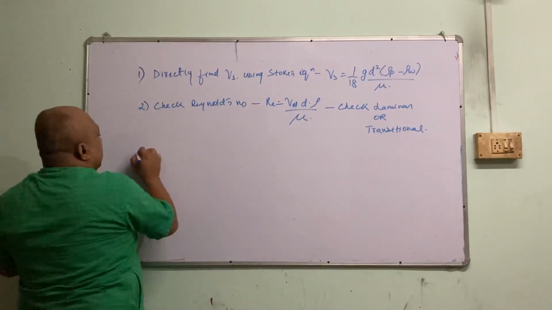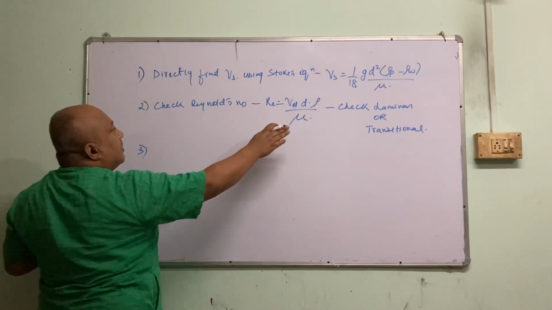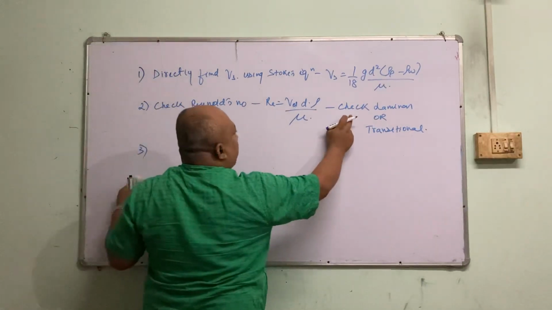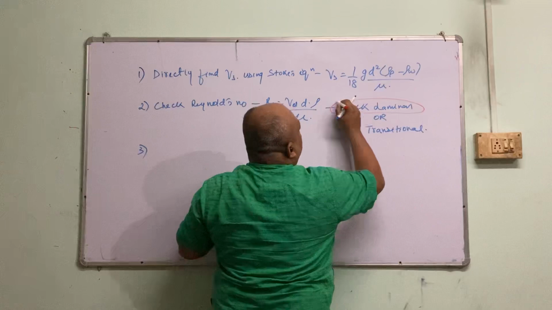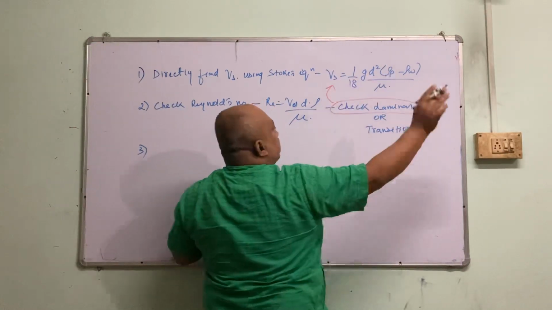Number three: if it is laminar, the story stops. If this is laminar, the story stops, and the settling velocity is this, finished.